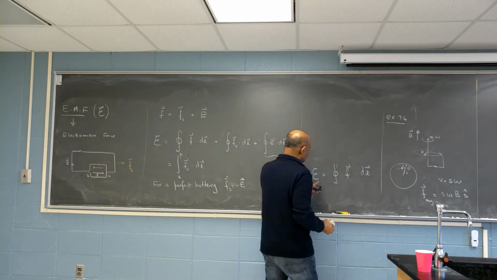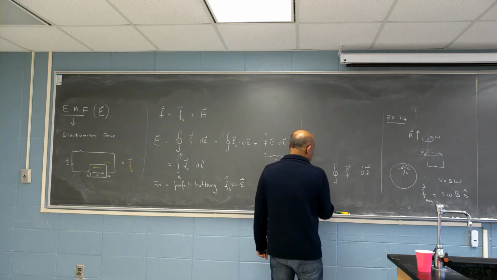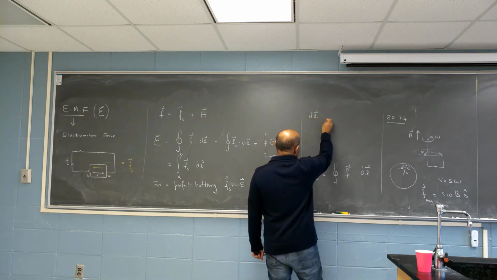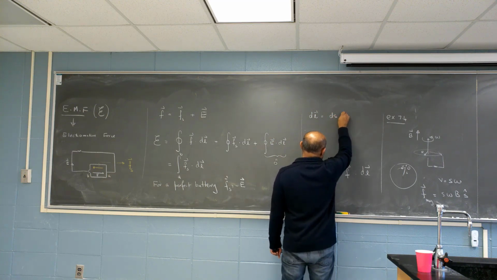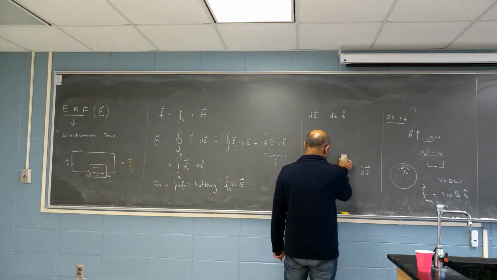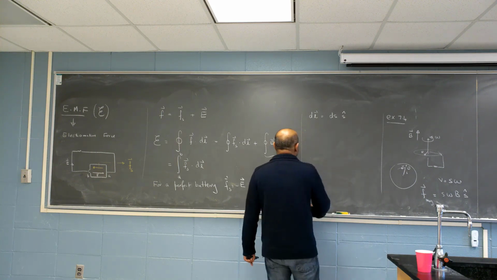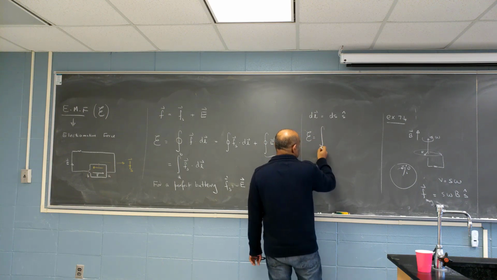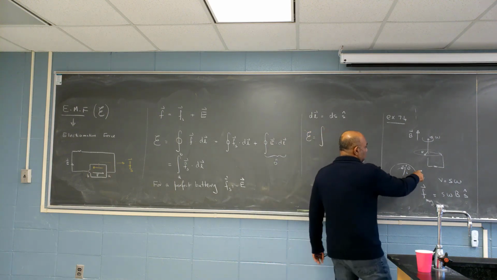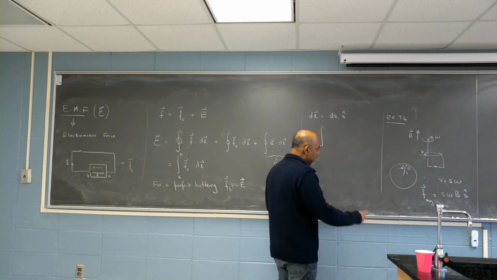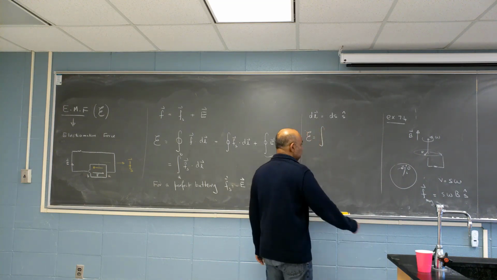So then, this is the expression I'm going to use. dl equals ds s hat. So EMF is, it's a closed loop, but there's no magnetic force on this part. Well, we're giving it sufficiently away.